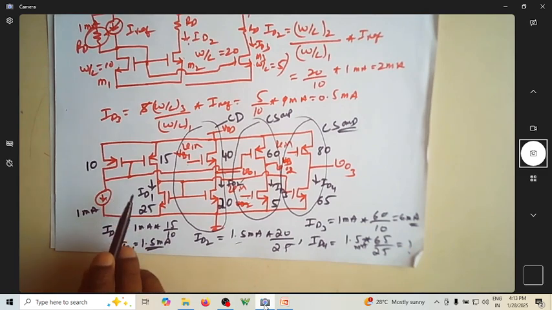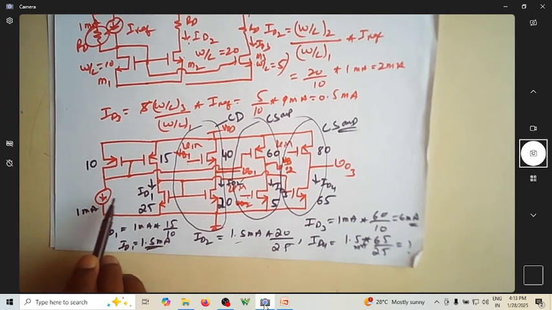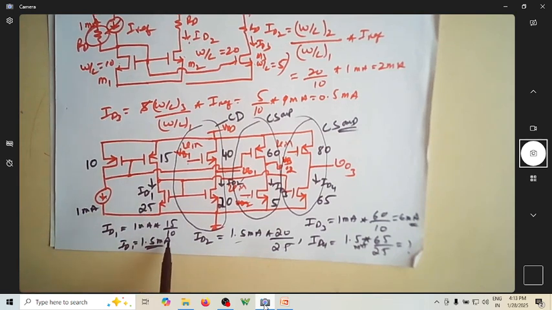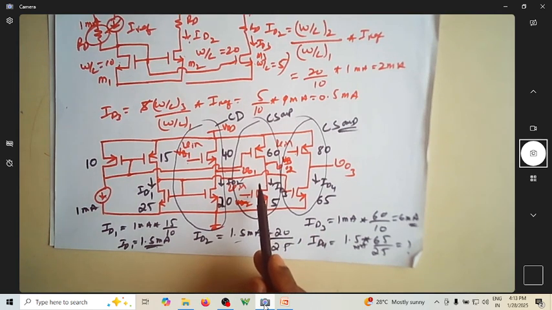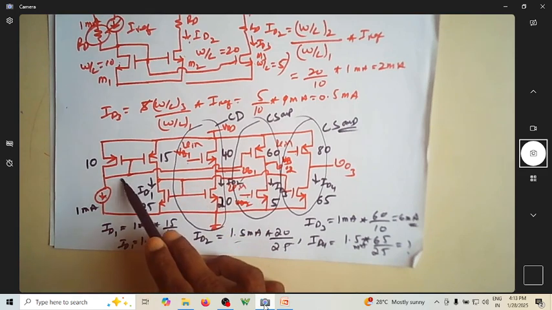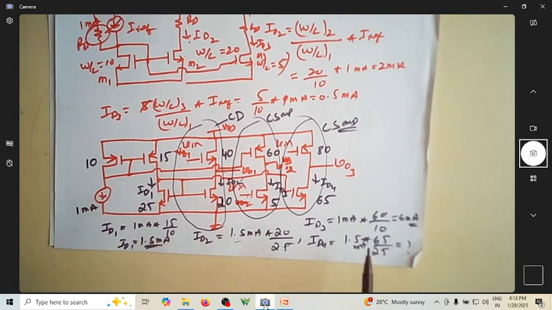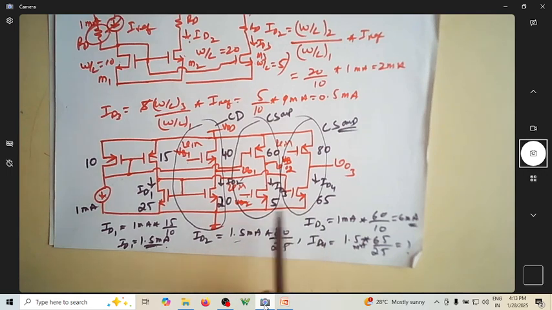From a reference of 1 milliampere, ID1 is mirrored as 1.5 milliampere, ID2 will be 1.5 into 20 by 25, ID3 has a reference of 1 milliampere, and ID4 has the reference ID1, which is 1.5 milliampere multiplied by 65 by 25.